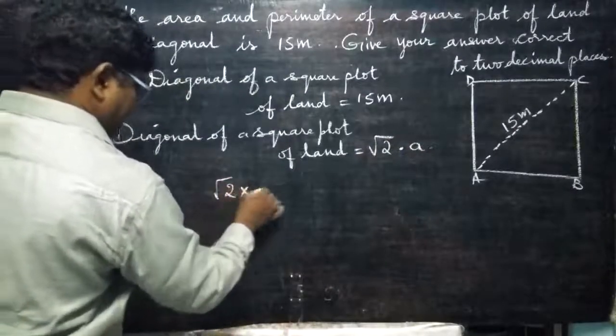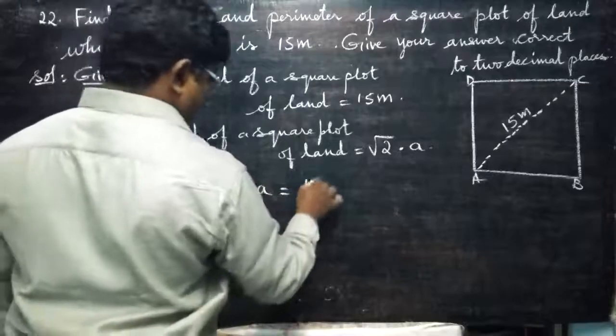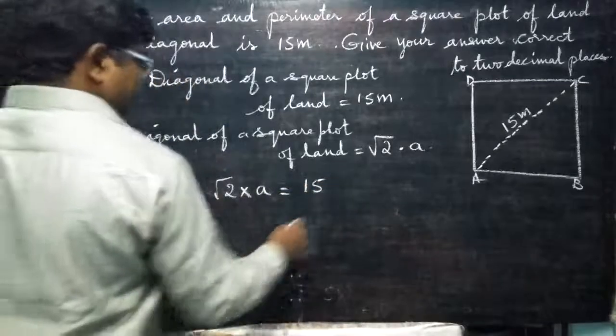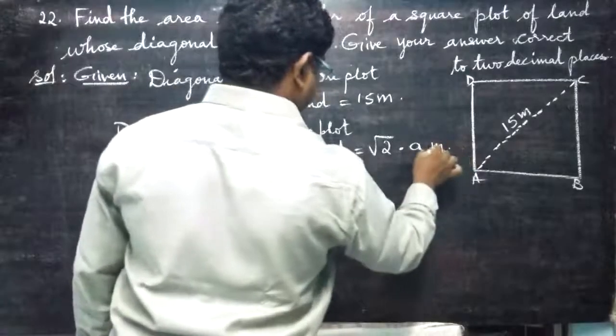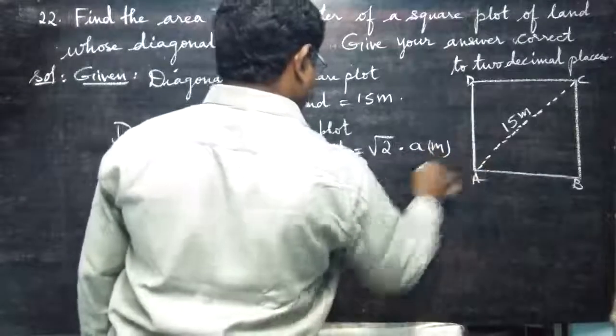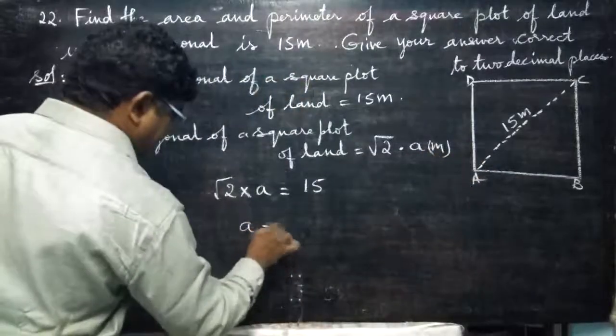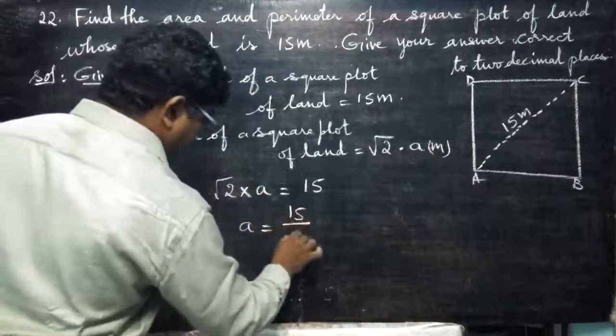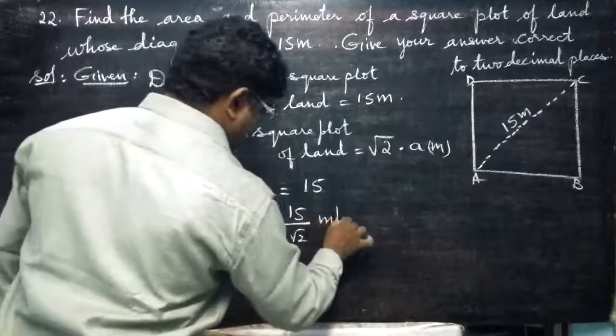Root 2 into A is equal to 15 meters here. Now A is equal to 15 by root 2 meters.